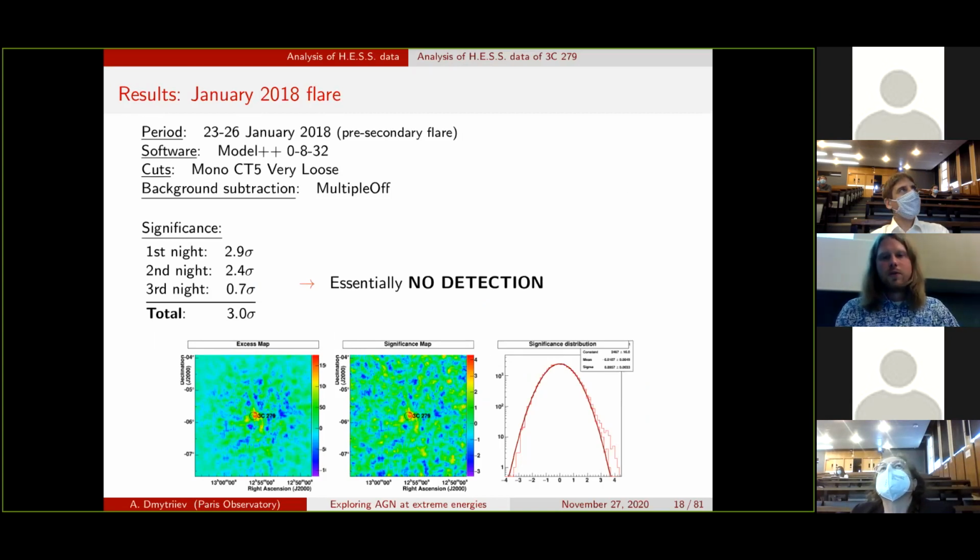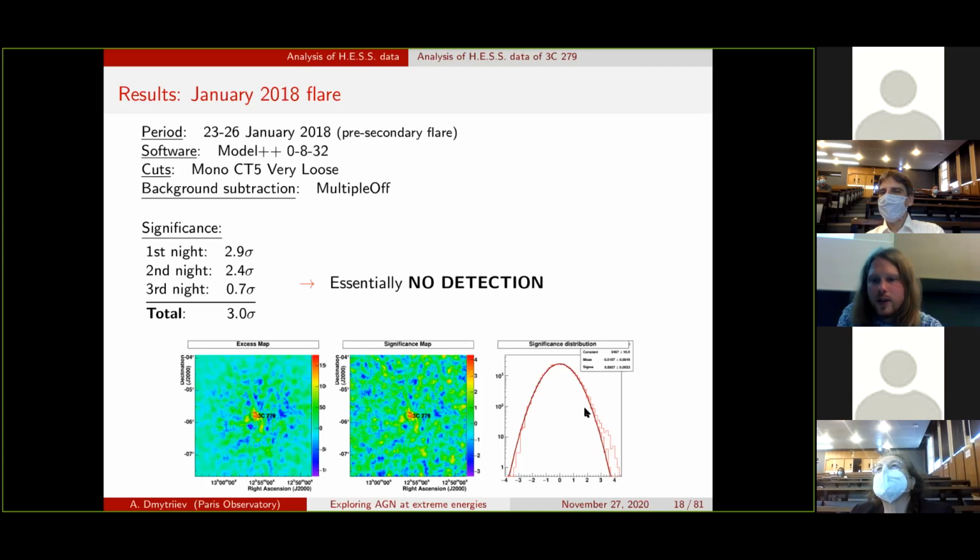So for CT1 to 4, there wouldn't be any detection. Unfortunately, in January, there was a very marginal detection, if we can even call it that, at the 3 sigma level, which is a rather weak indication of a gamma ray signal. You can see the excess map in the left panel. There is a very weak indication of signal, and the significance map is showing the same.